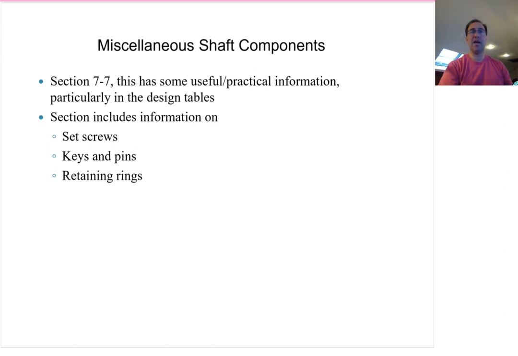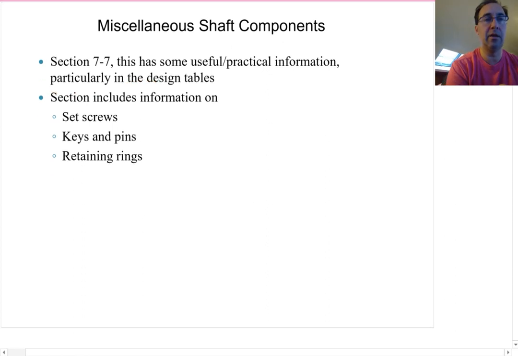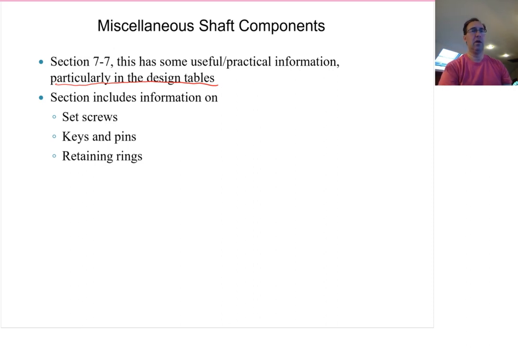This section actually has some really useful and practical information, particularly in the design tables. Whoops, bad line. I'm still getting used to the touch screen, so bear with me. So particularly the design tables. And there's more shaft components that are here.